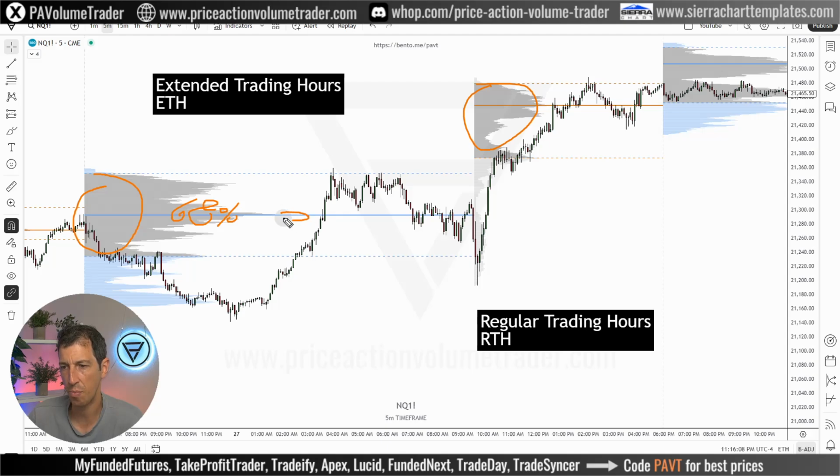And then we have the point of control. This is the price level, because remember, with volume profiles we're measuring volumes on a horizontal scale, okay? So the point of control is the price level with the most traded volume for the whole session.